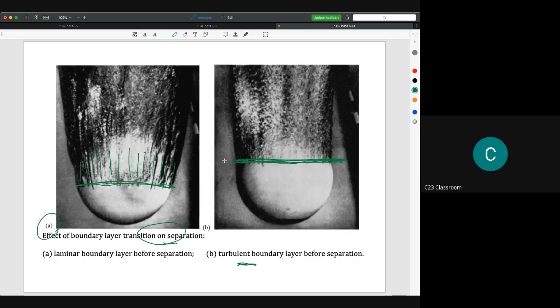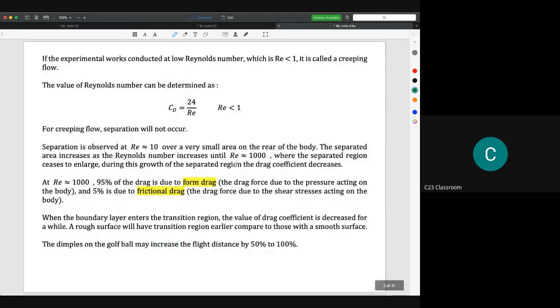This is the first effect that you should know. Another thing, if you read about fluid mechanics, is creeping flow. Creeping flow is when the Reynolds number is less than 1.